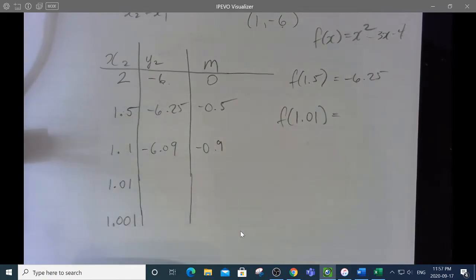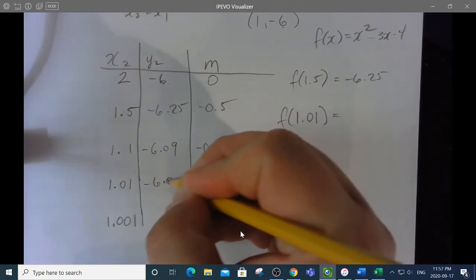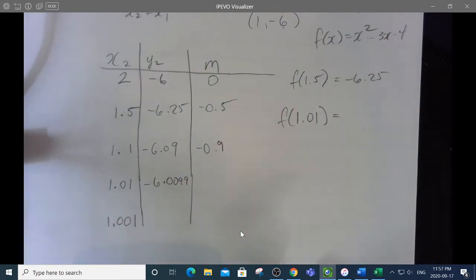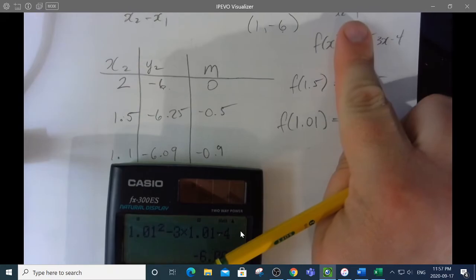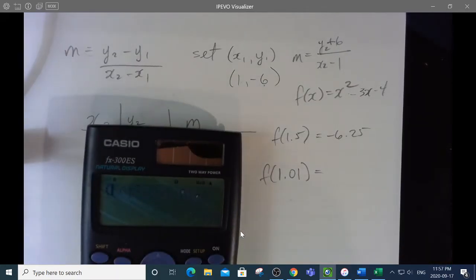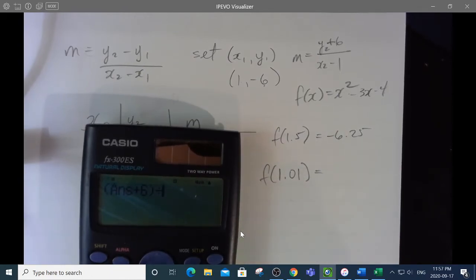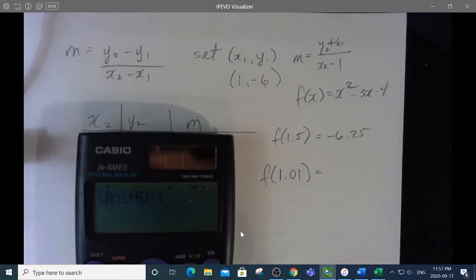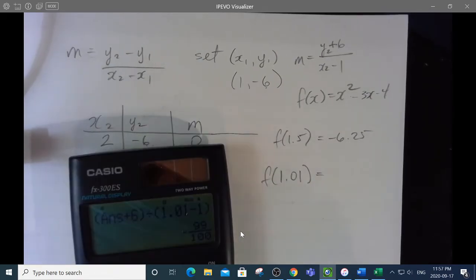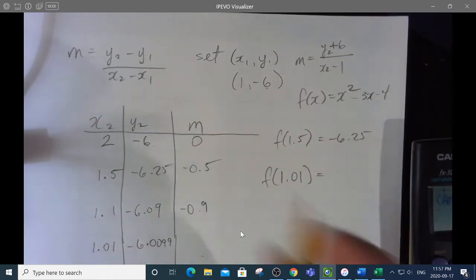Negative 6.0099. Okay, so I'm going to use that in my slope formula. So luckily I don't have to retype it. I can just open a bracket, hit answer, plus 6, close brackets, divide by, and what was the x I used? 1.01. 1.01 minus 1, close brackets, equals, and that will be negative 0.99.